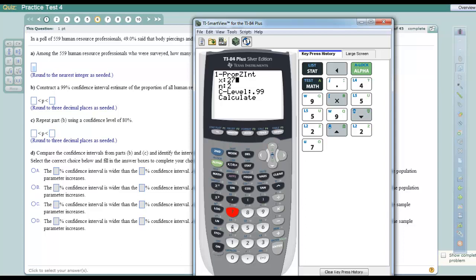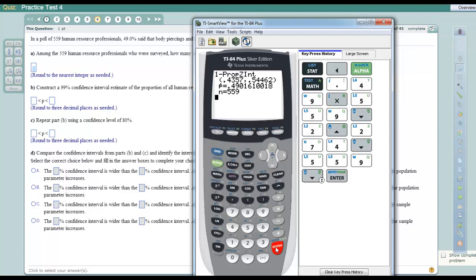What did you get? I got the interval was 0.4357 to 0.54416. What did you get when you did 49% of 559? Okay, it was a decimal, but you rounded it up. Gotcha. Okay. N is 559, and the level of confidence is 99%.